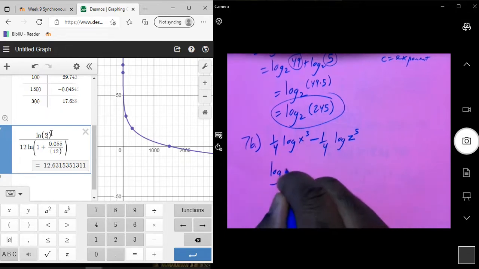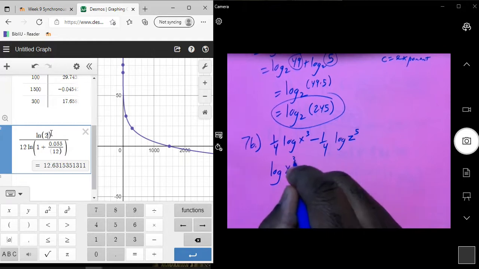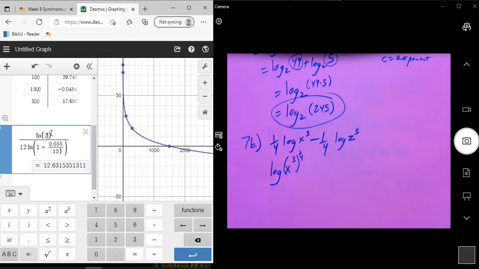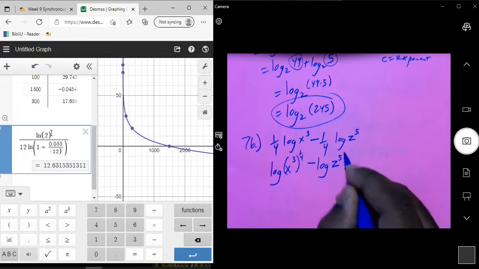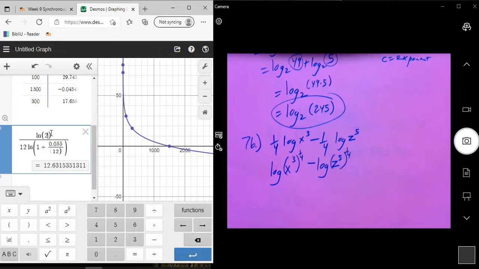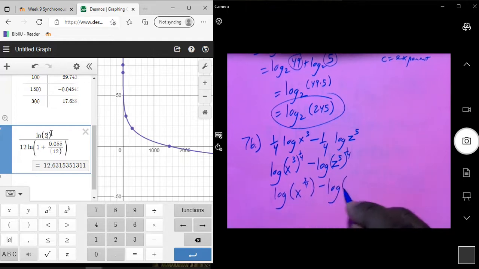So we have log x to the 3rd power, and then that would be taken to the 1/4 power, minus log z to the 5th power, and that would be taken to the 1/4 power. Since we have a power to a power, we can multiply those exponents. So this would be log x to the 3/4 power minus log z to the 5/4 power.